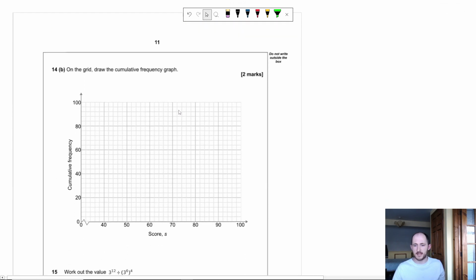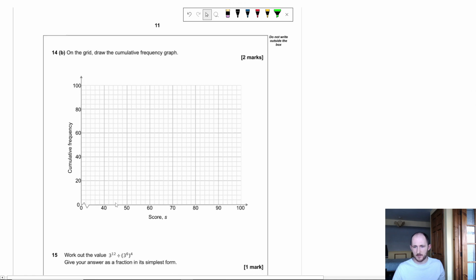So 45 and 6 would be your first one. So midway would be about here, and 6 would be, so what's this going up in? There's 5 here, so it's going up in 4s. Okay, cool. So 45, and that'd be 4, 8, so it should be right in the middle of both of those two things.